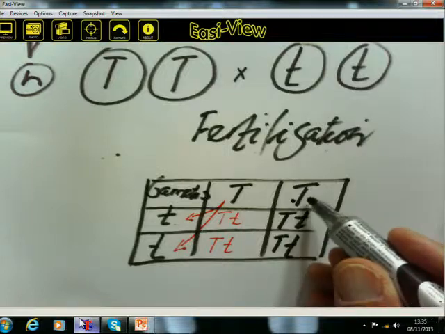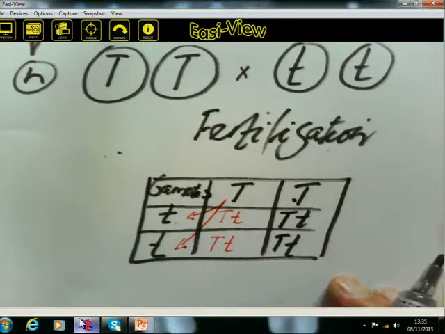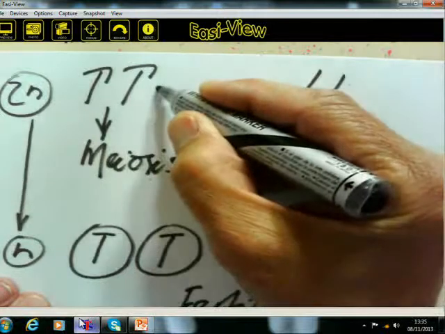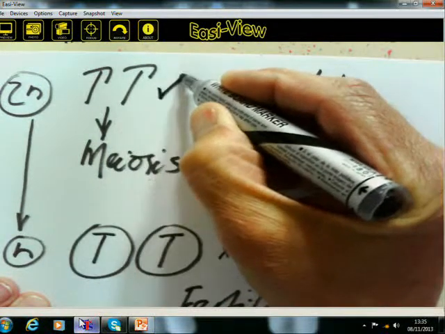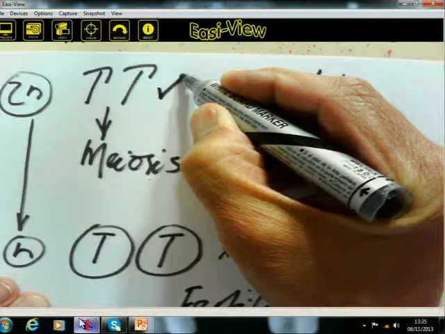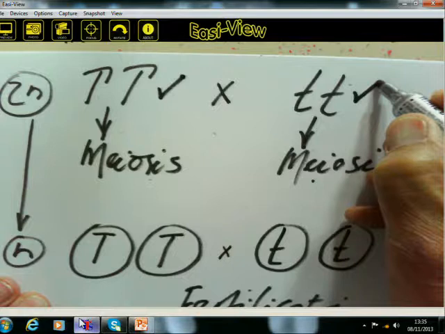And the same is applicable to the other one. And now you can see that from this, there I said initially, it's a true breeding plant for tallness. This is a true breeding plant for dwarfishness.